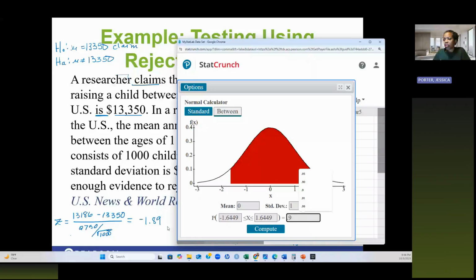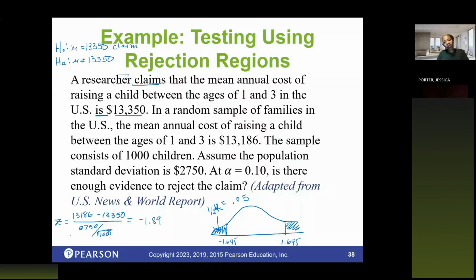So where does negative 1.89 fall? Where does negative 1.89 fall? Further to the left.